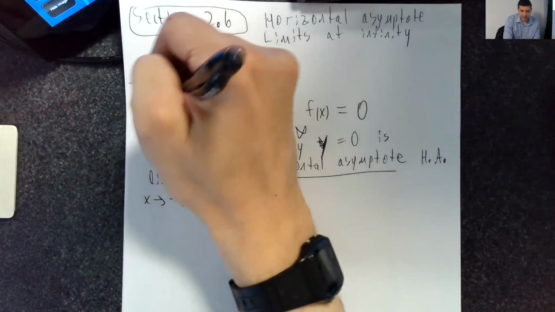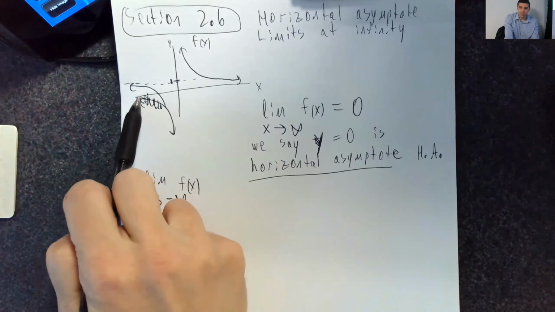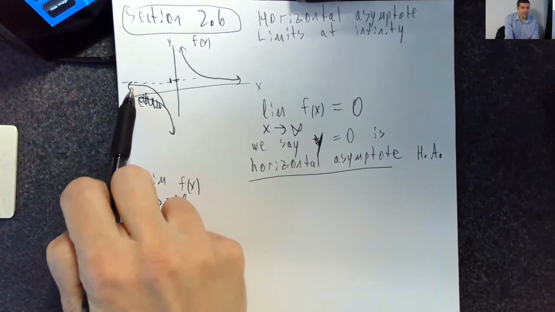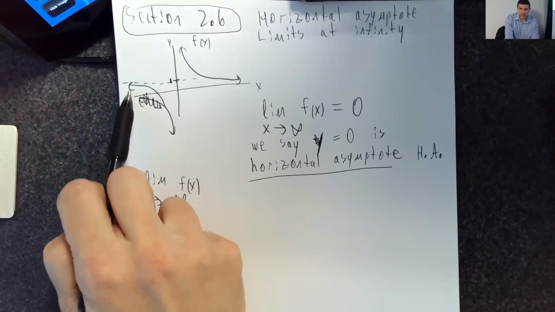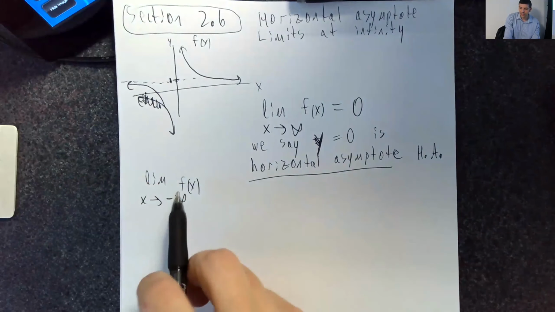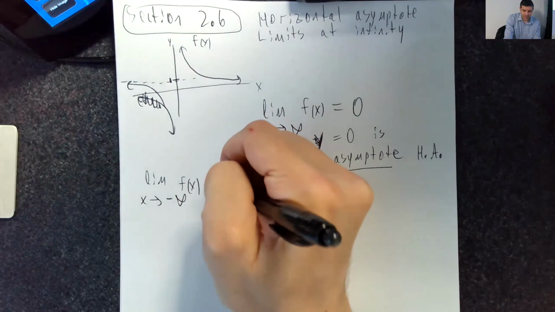We'll cross this out a little bit. As x is getting really, really negative, like super negative, what's happening to these y values? Getting closer and closer to 1. Right? So then the limit as x goes to negative infinity, we're going to say is 1.